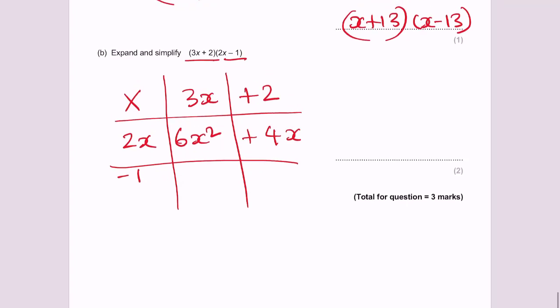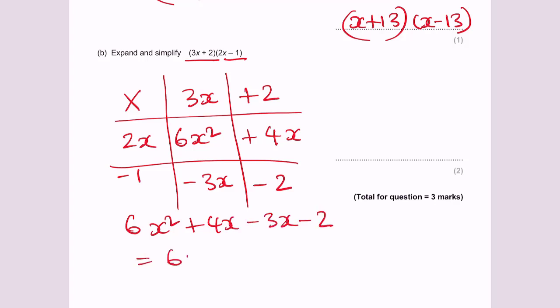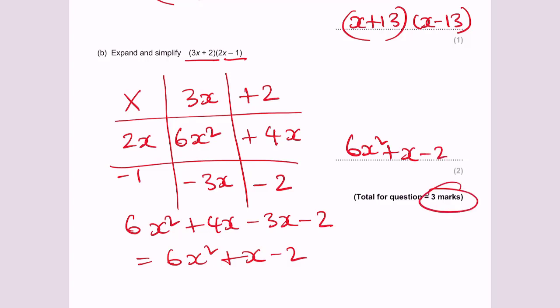Minus 1 times 3x is minus 3x, and minus 1 times plus 2 is minus 2. Let's write it out now: 6x squared plus 4x minus 3x minus 2. 4x minus 3x is plus x, so the answer is 6x squared plus x minus 2. That's worth 3 marks altogether.